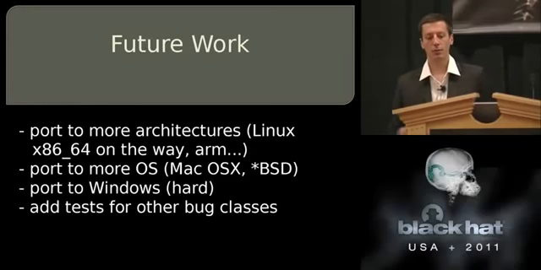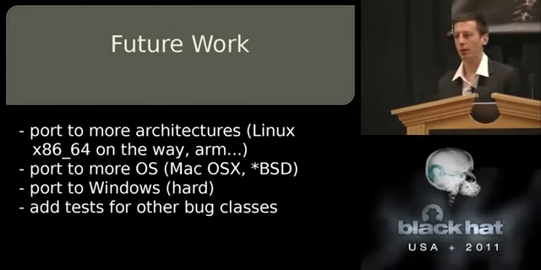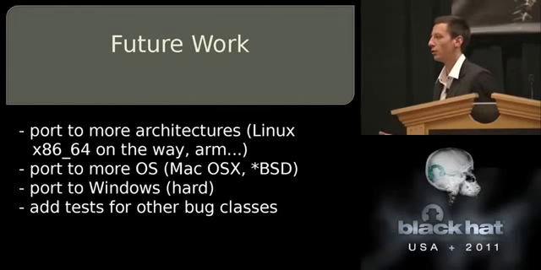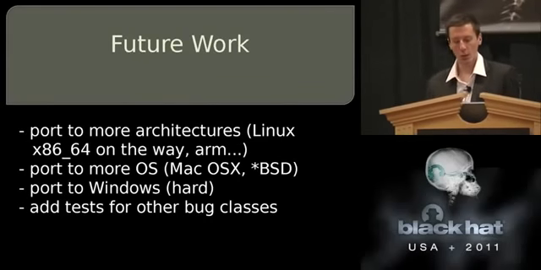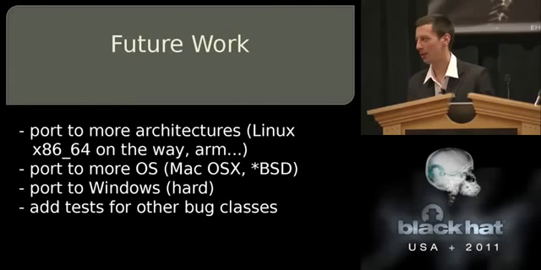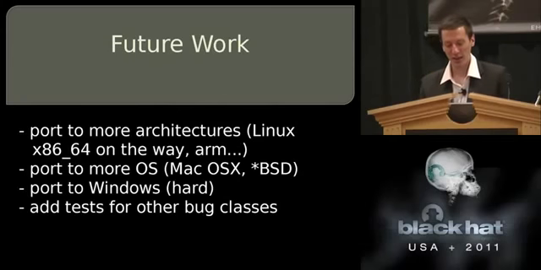The only thing is I have a pretty strong use of /proc. So if you don't have a /proc, you may need to brute force the memory location or get them via another way. Porting to Windows is honestly super hard. I don't believe it's even achievable. And we expect to add more tests for other subclasses of invalid write or other strategies.